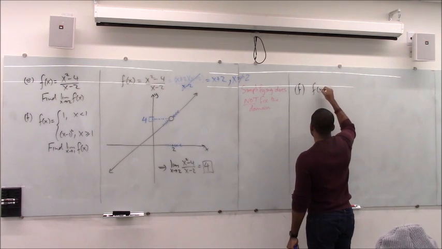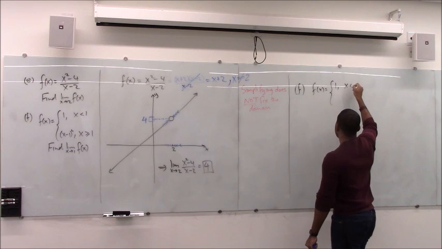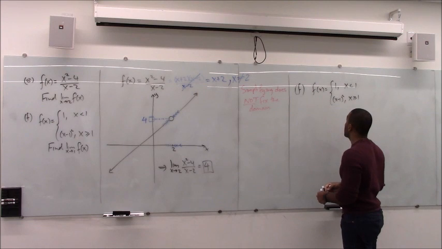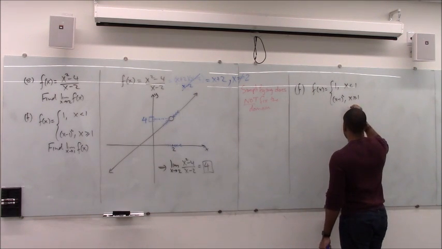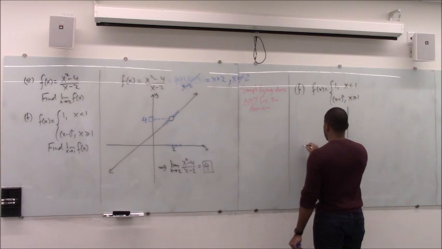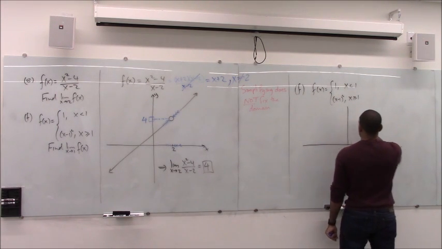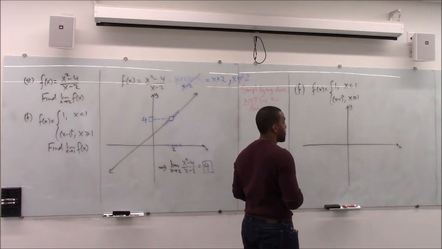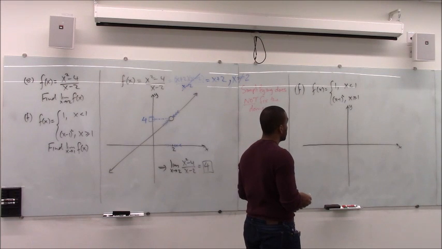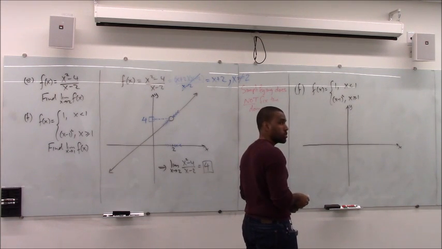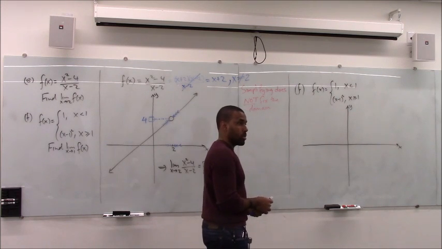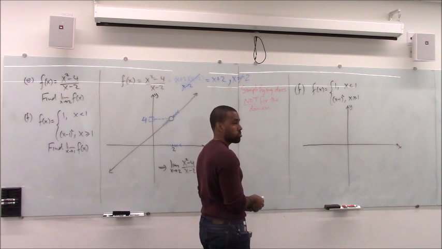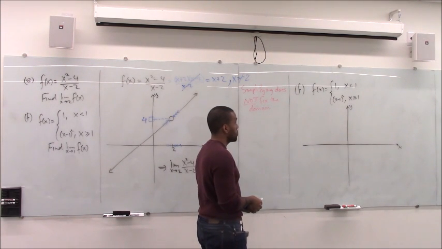What about this picture? What would this look like? What does that one look like? Yeah? Is there a horizontal line on one?